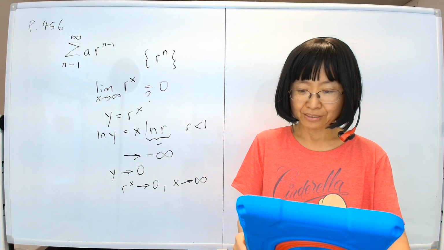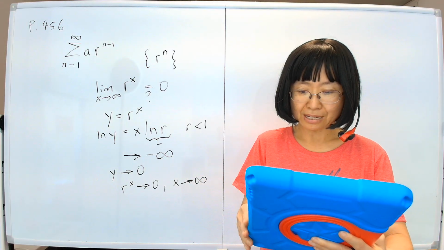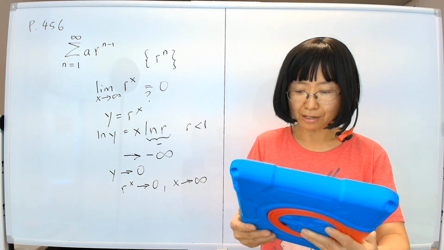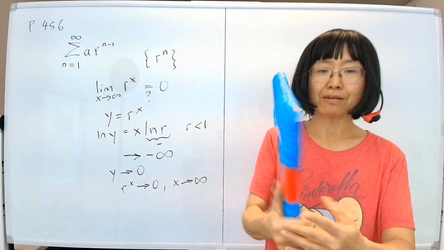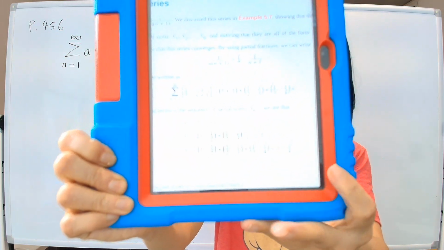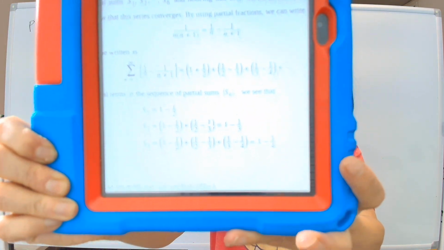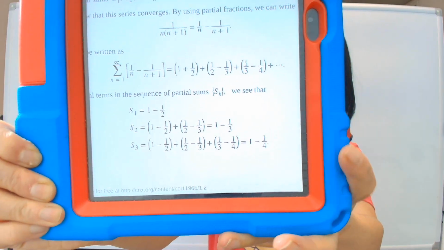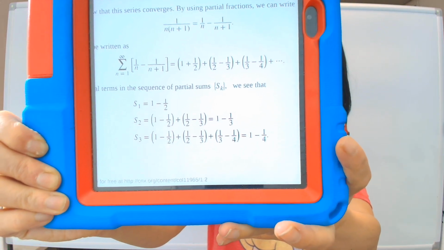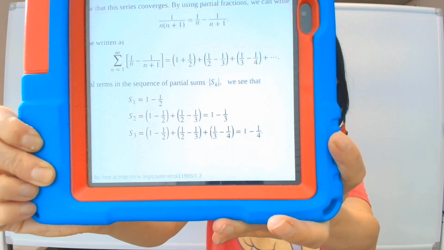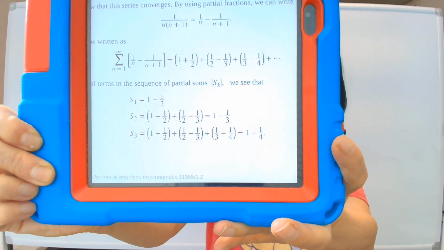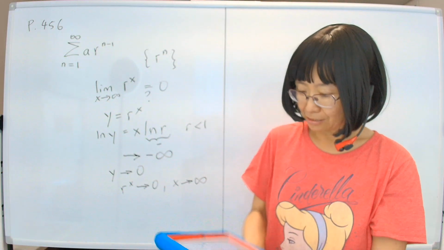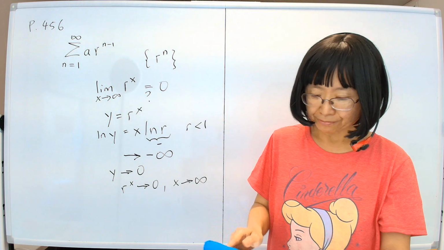So eventually everything disappears, so that your partial sum ends up being the first term subtracted by the last, as your book shows. See, S3, for example, ends up being the first item, which is 1, minus the very last item, which is 1/4. And the sequence continues that way forever.